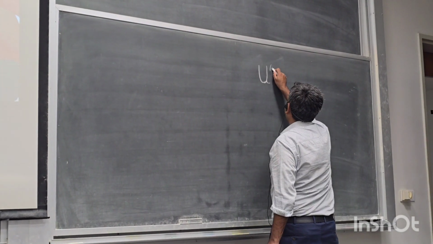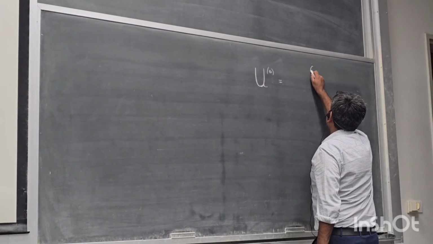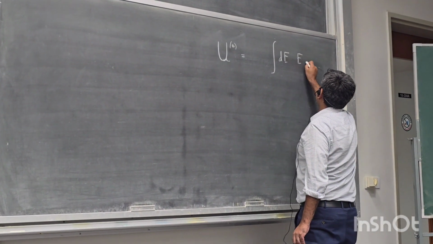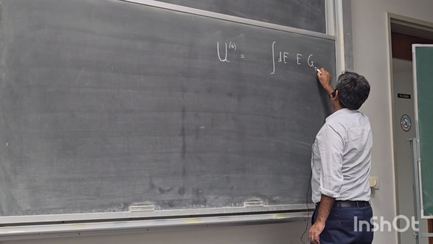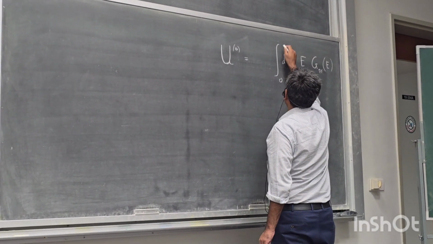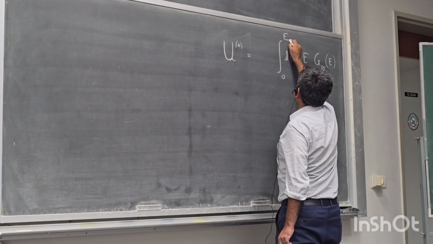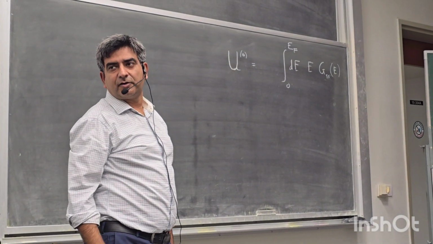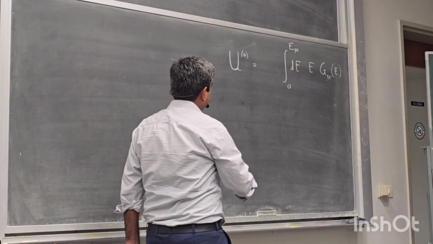So in the absence of a field, it is given by the integral of dE E G3D(E), where the energy goes from 0 to EF. Correct? It's the total energy of electrons in the absence of a magnetic field.